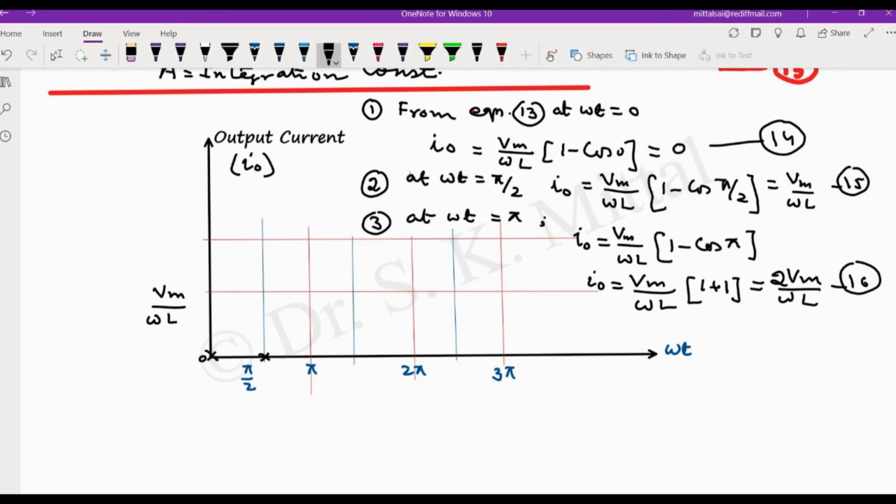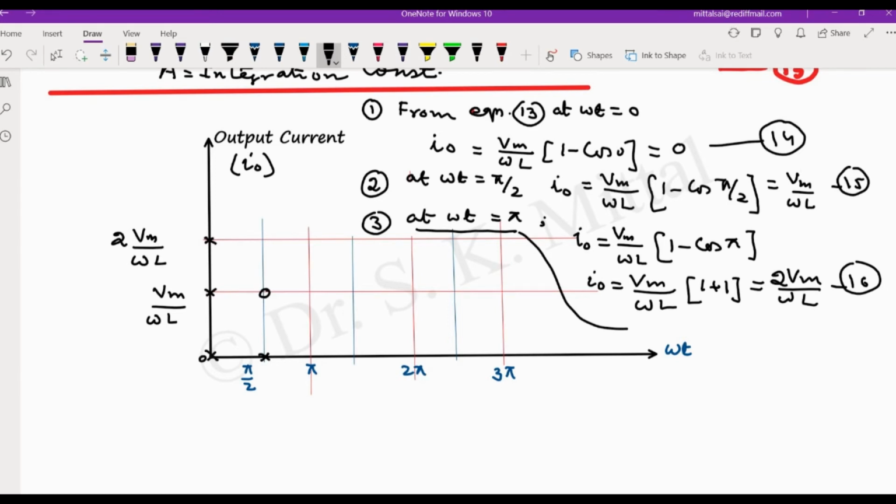If this point is Vm upon omega L, here we will get the value of Vm upon omega L. Now, at omega t is equal to pi, the value of output current I0 is equal to 2 Vm upon omega L, and here we can consider the height 2 Vm upon omega L.